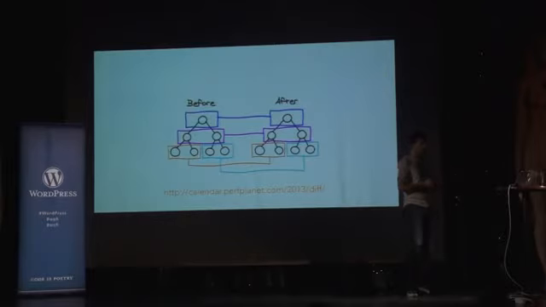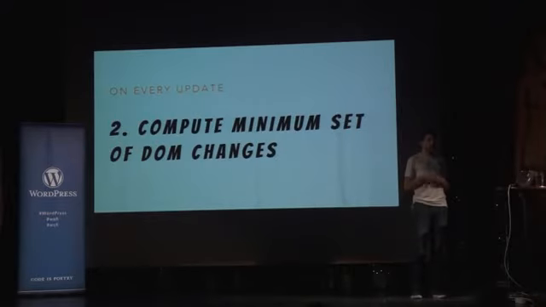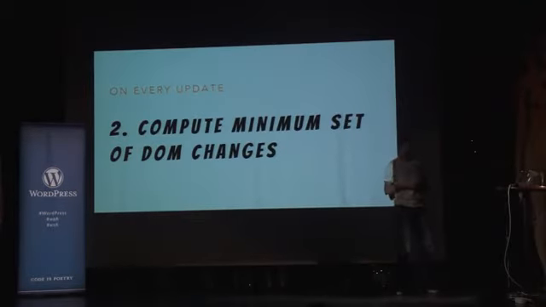Then, when it has all of the changes, React computes the minimum set of DOM changes it needs to do to take the page from the previous UI state to the next one, to take it from a previous version of the HTML to the next one.